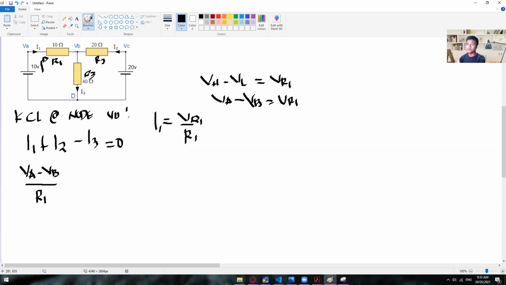So you already know that at this point, node VB now has a lower voltage than VA. That is why we have VA minus VB, which is equal to our VR1. This came from here, and if you substitute this VR1 right here, you will get VA minus VB divided by R1, which is now the same as this one. So I hope that one is now clear.